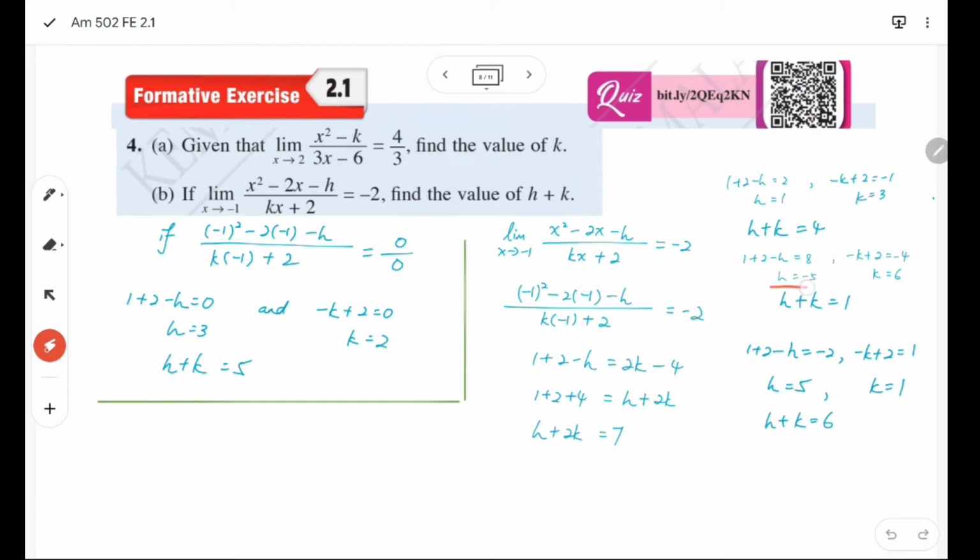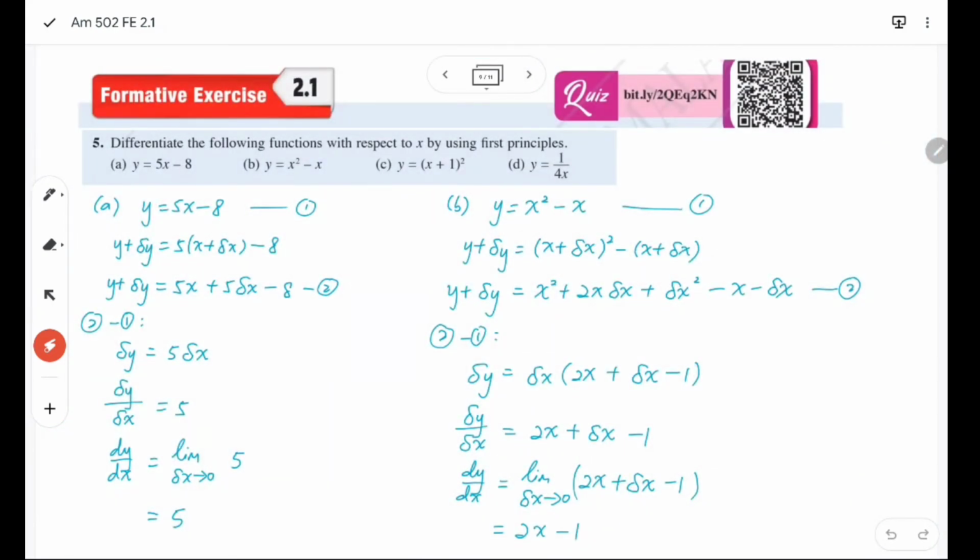Or negative 5 plus 2 times 6, I get 7 as well, so this can be my solution too. And try this: h equals 5 plus 2 times 1, I get 7 as well. So there are quite a number of solutions. You can try to list them down on your own.